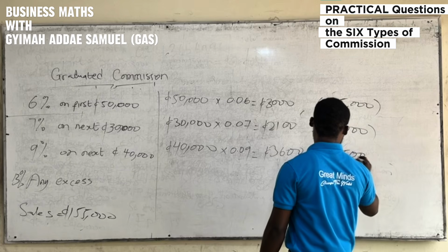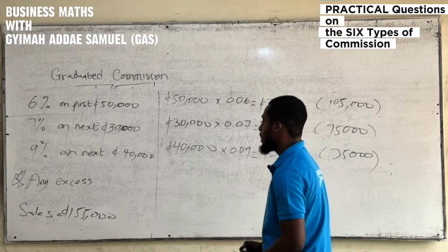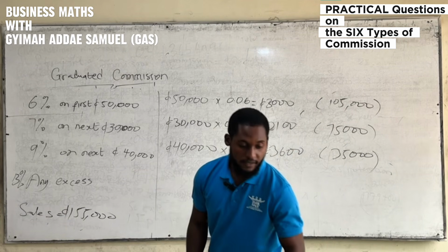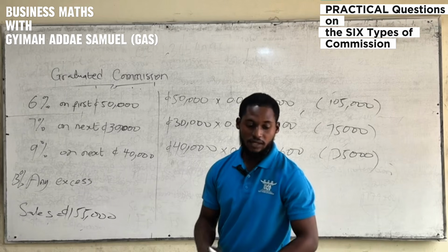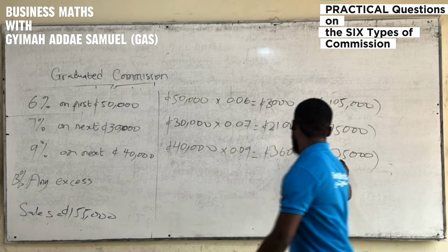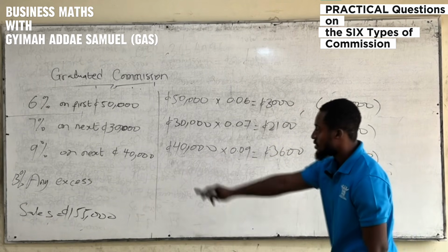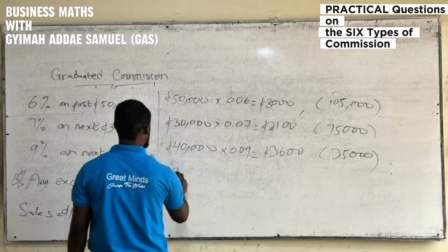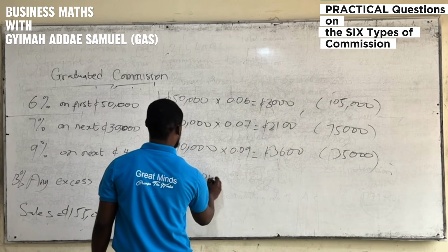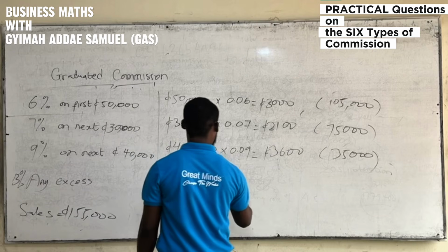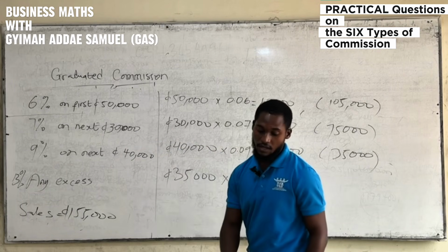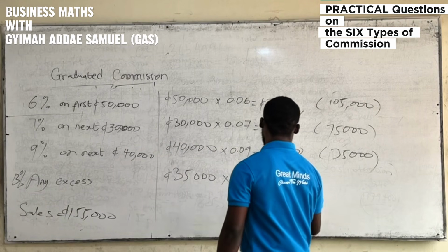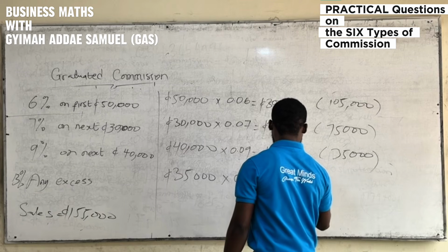And the question says you find 13% on any excess. So the excess here, which is 35,000 Ghana cedis, we find 13% of it. And this 13% is giving us 4,550 Ghana cedis.